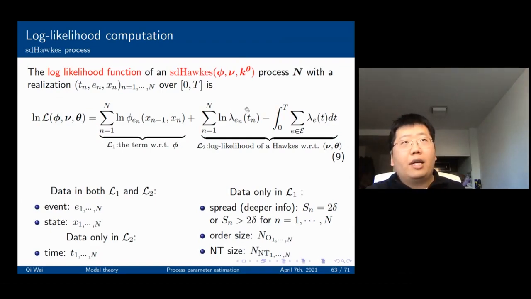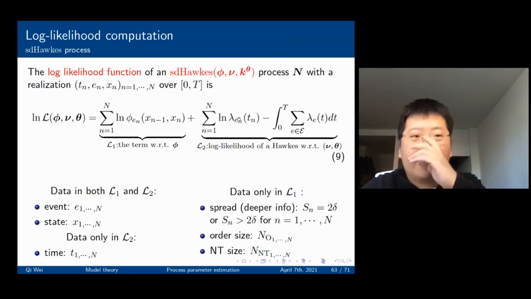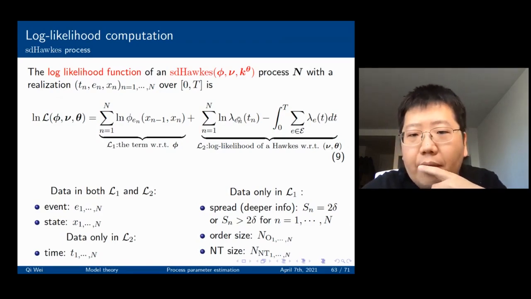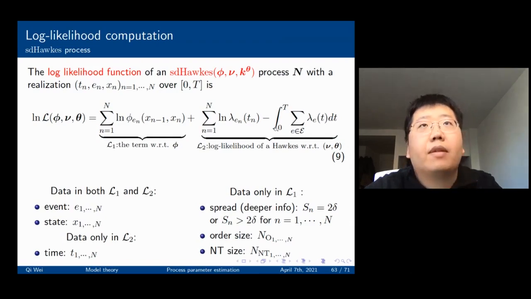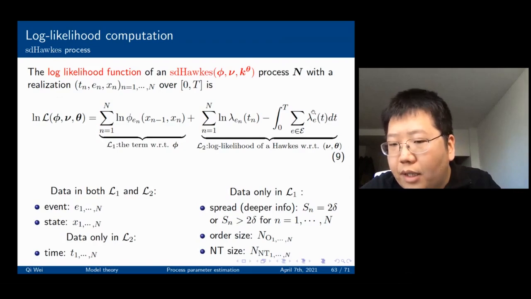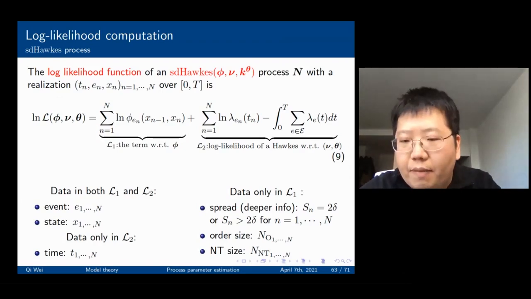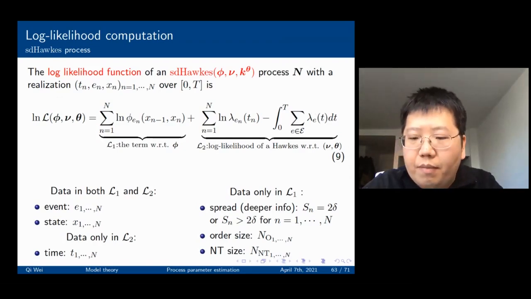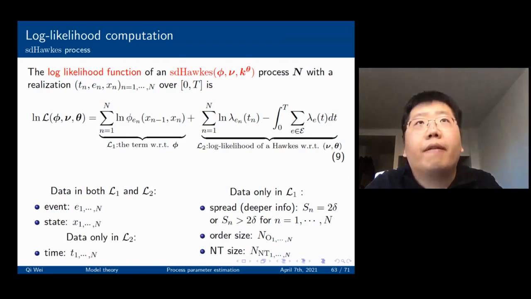Because you see the lambda, I did not give an explicit form of this intensity function here. I guess there's an integral over t. Yes, this usually causes computational challenges, but here this is fine because you have a one-dimensional integral, so you can do this.